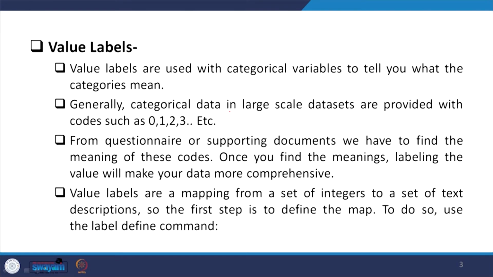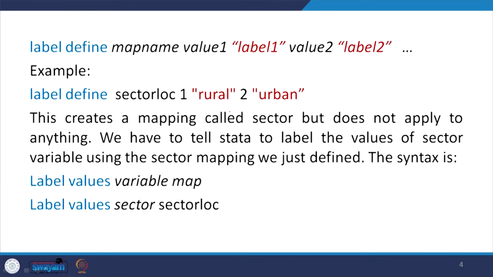Once you find the meanings, labeling the values will make your data more comprehensible. Value labels are a mapping from a set of integers to a set of text descriptions. So the first step is to define the map. What do you mean by that? The labeling map. To do so, use the label define command.